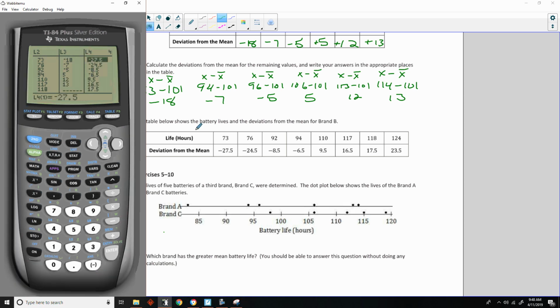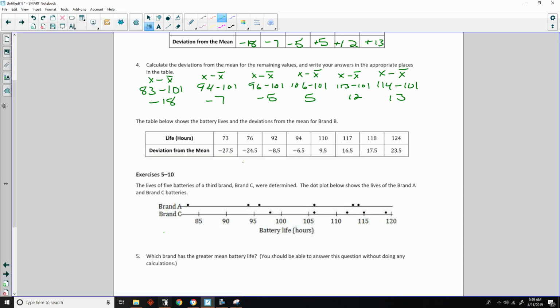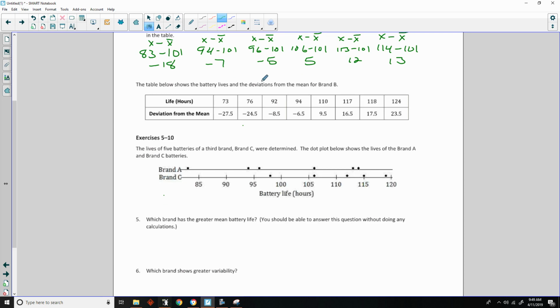And look at the values. Negative 27.5, negative 24.5, negative 8.5, negative 6.5, 9.5, 16.5, 17.5, and then arrow down one, 23.5. Booyah! Okay. So anyway, there we go.